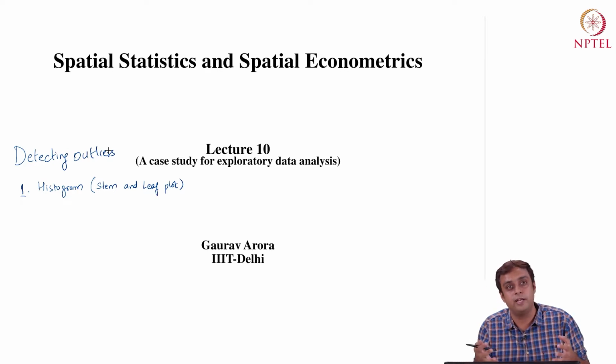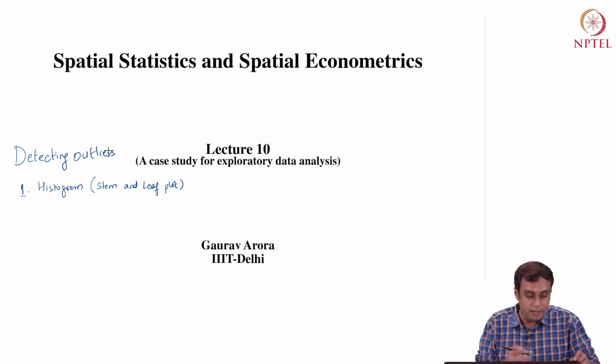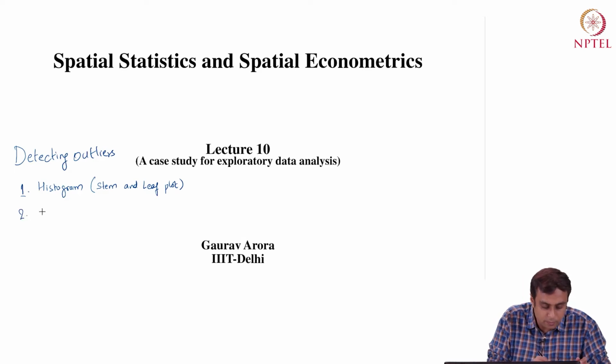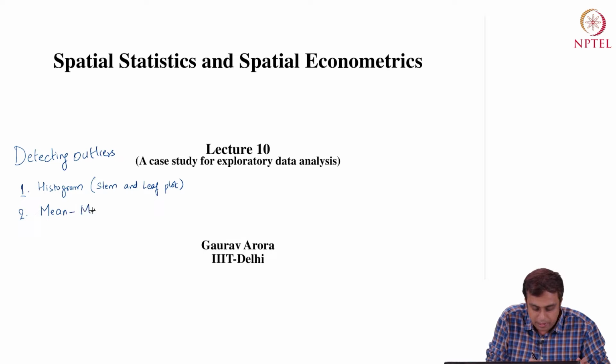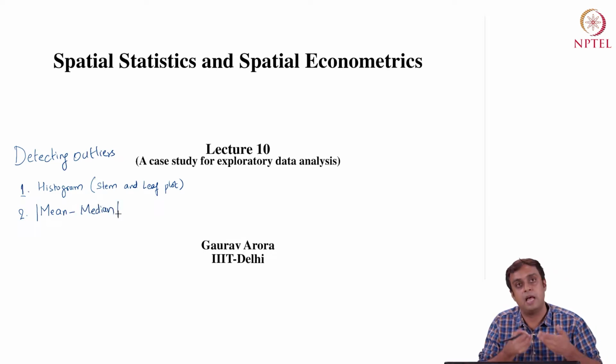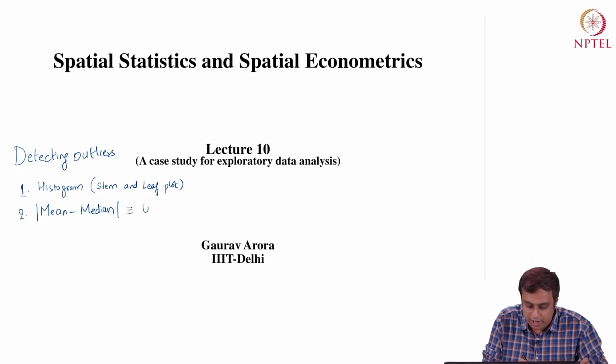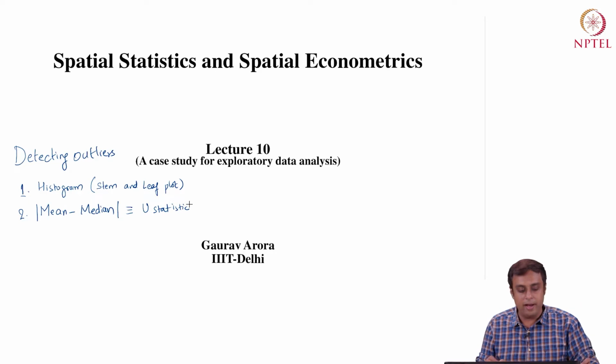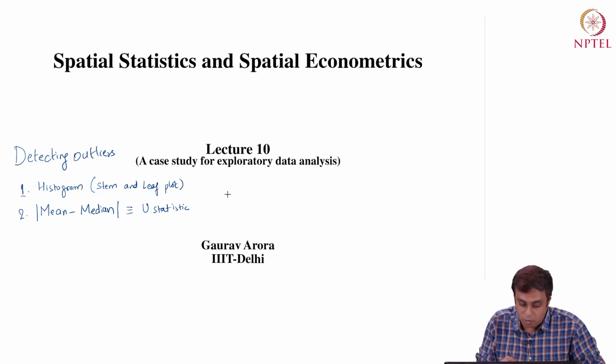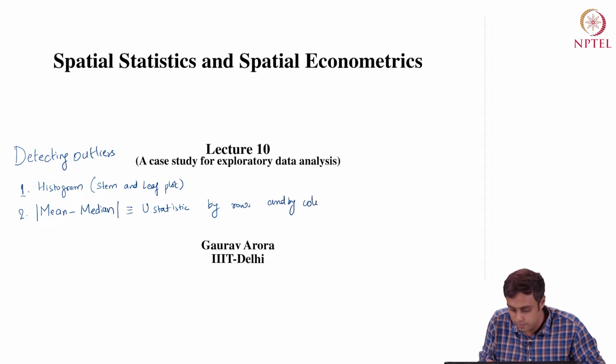but the histogram by itself did not appreciate the spatial nature of the data. So the second thing that we looked at was a statistic called mean minus median, in absolute value, which we defined as the U statistic. This U statistic was calculated by rows and by columns.